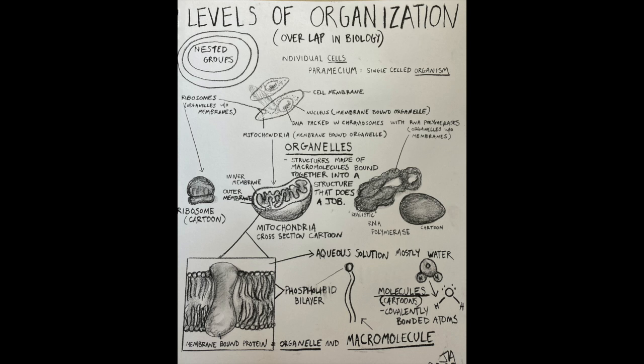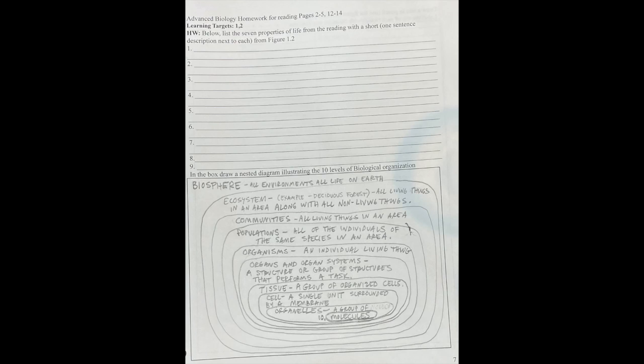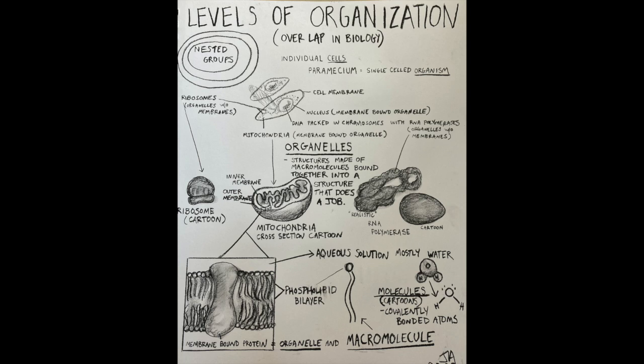Finally, macromolecules are large molecules comprised of smaller molecules called monomers. Molecules are defined as one or more types of covalently bonded atoms.